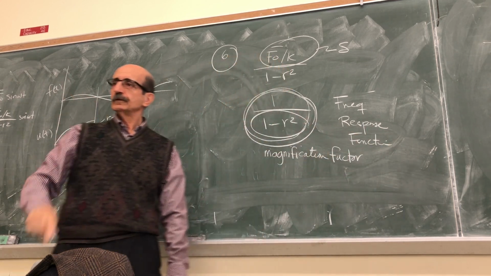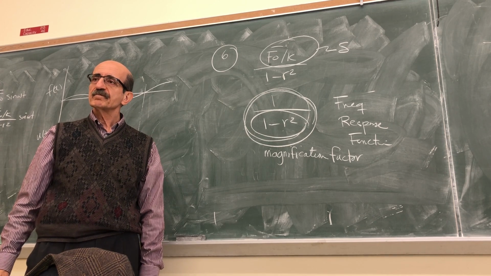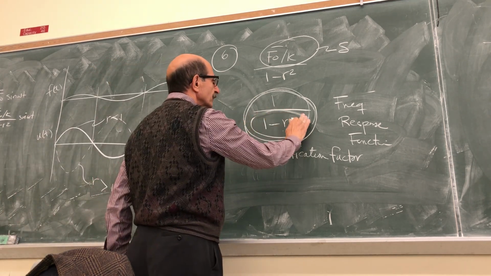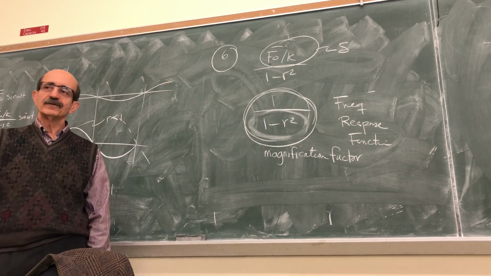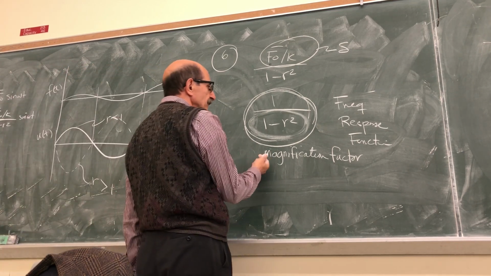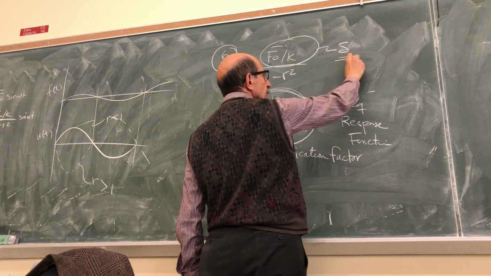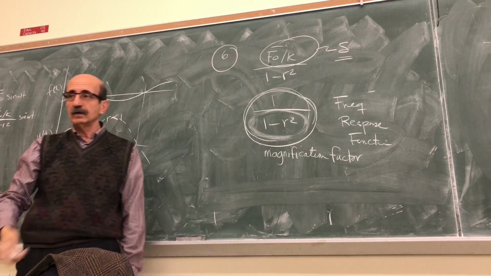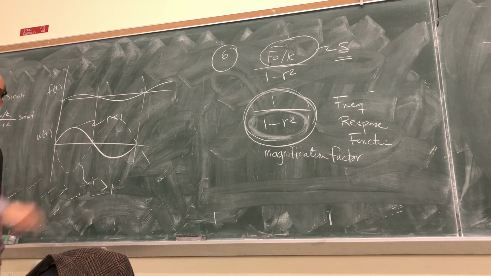You had a question? The magnification factor, which thing that you circled is it? Is it the 1 over 1 minus R squared, or the entire thing? Oh, the entire thing, okay. Because that's what it does. This really magnifies the static displacement, of course, depending on the value of R. It may actually reduce that as well, as we will see.